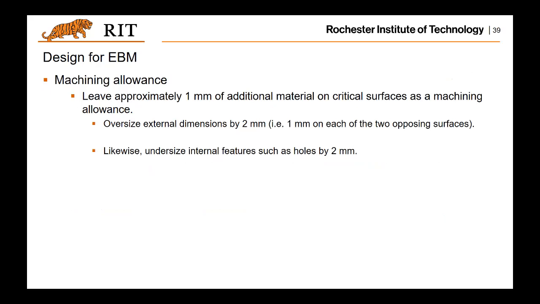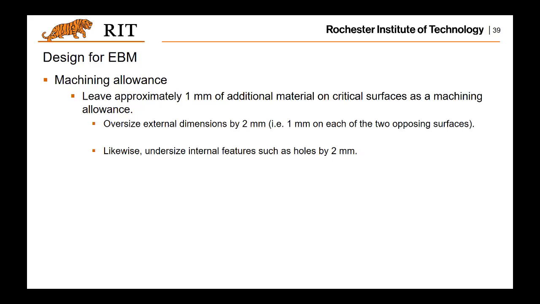There are some restrictions for EBM, especially for the designs. Basically, you want to leave approximately 1 millimeter of additional material on the critical surfaces, because you always need to machine your part to have a better surface finish.